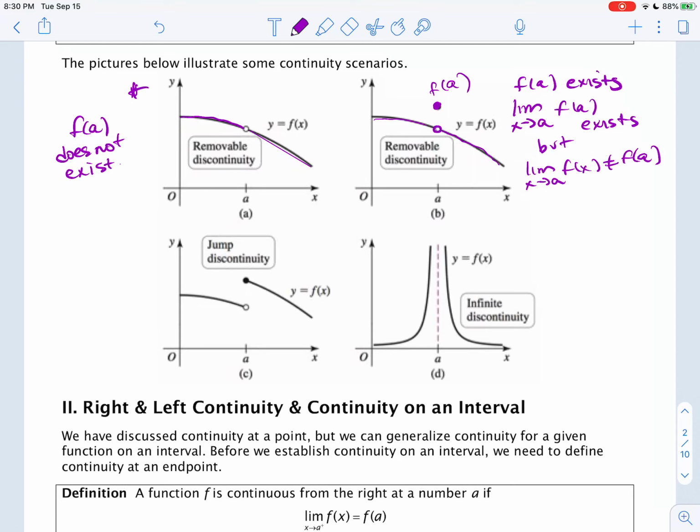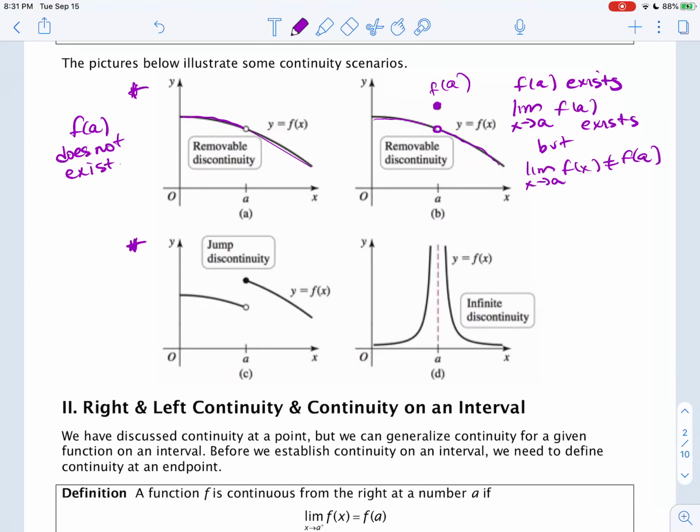But this is actually f of a, and that is different from the limit. And if you went to graph that function, you would graph the first part to the left of that hole, create a hole, lift your pencil up, draw the output at f of a, and then go back to the hole and continue graphing. And so it's not continuous at x equal to a.